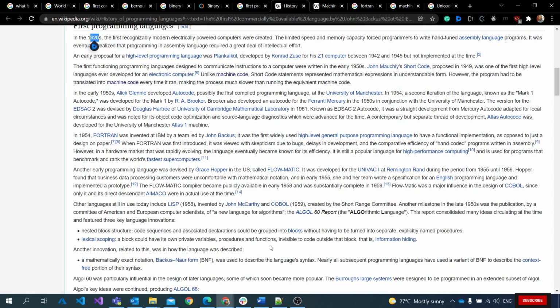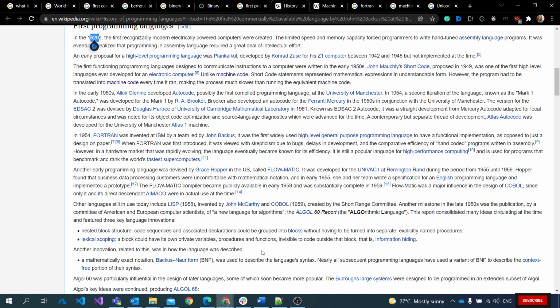Why was it not used widely? It's because it required a lot to program in assembly. It's way more difficult and complex than the normal human-readable programming languages. So I think that was that.